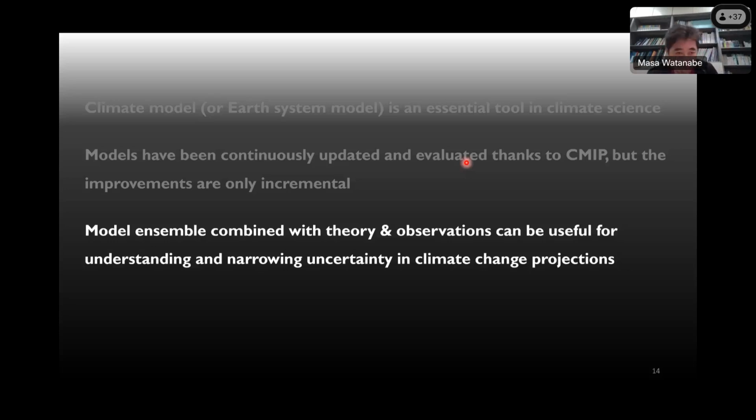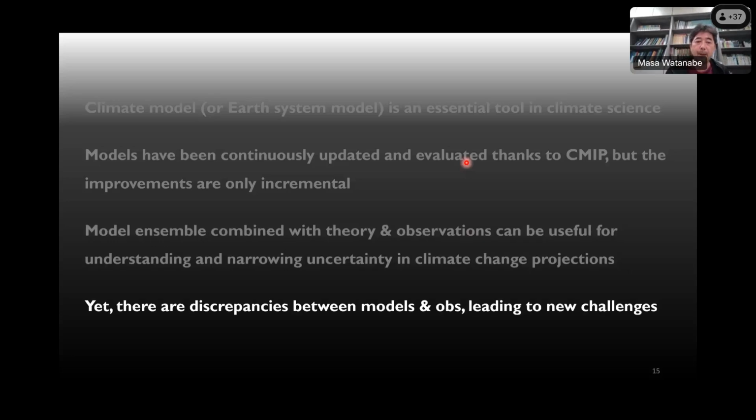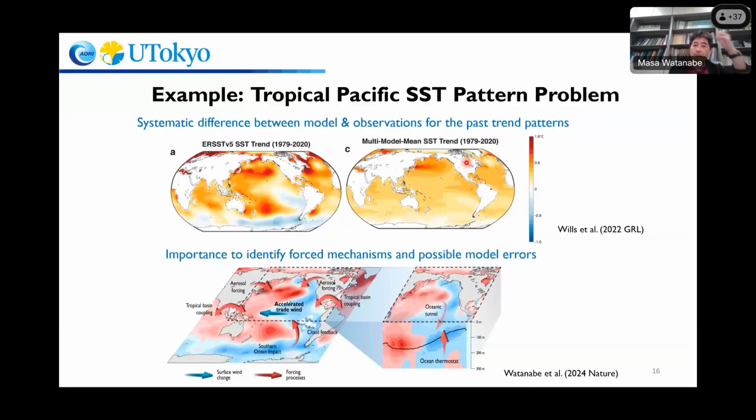And the third point, which I'll say, is that the model ensemble combined with theory and observations would be useful for understanding and narrowing uncertainty in projection. And yet, there are discrepancies between models and observations, which will lead to new challenges in the present era. One example which I have been extensively working on over recent years is the tropical Pacific SST pattern change.